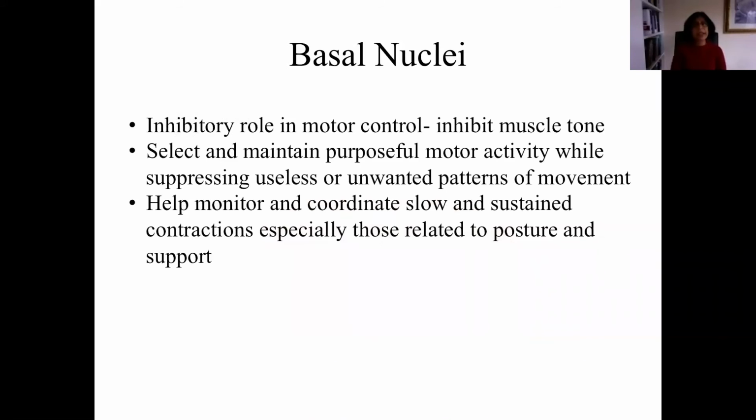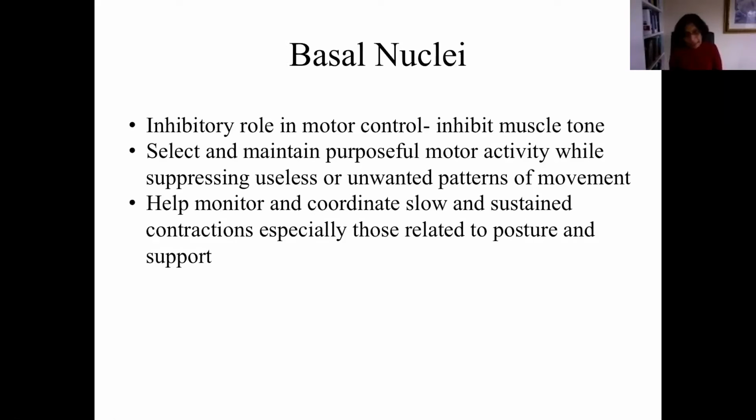Now, in the next slide, we'll talk about the specific role they play, an inhibitory role in motor control. Okay, so what do they do? Inhibit muscle tone. Then again, select and maintain purposeful motor activity. Okay, then suppression of useless or unwanted patterns of movement. So these are the types of movements.